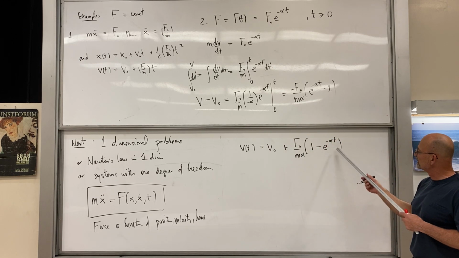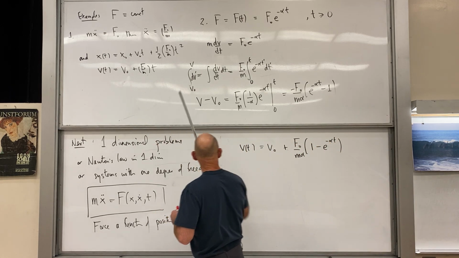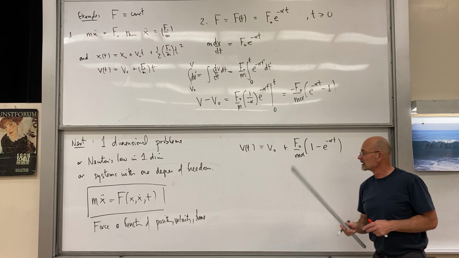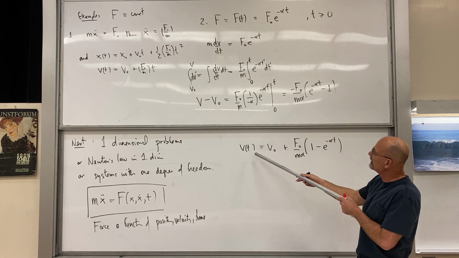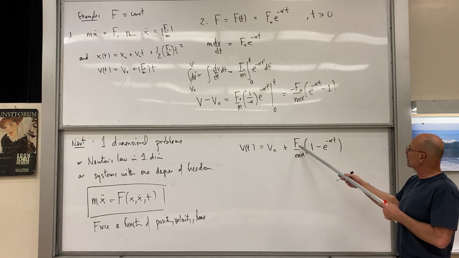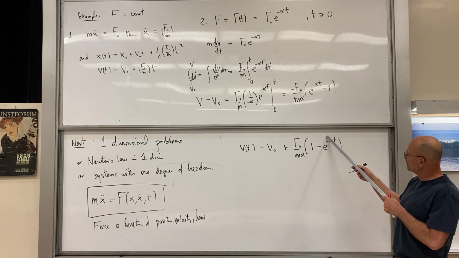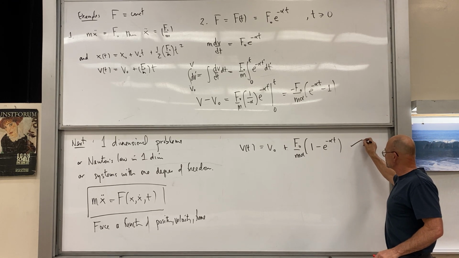Okay, this is already a little more complicated than this one here. But it's an exact solution, and if you take the derivative of this, dv dt, you're going to get F naught over m alpha, minus another minus from the inner derivative. It's going to come out, okay? So that's the correct solution.